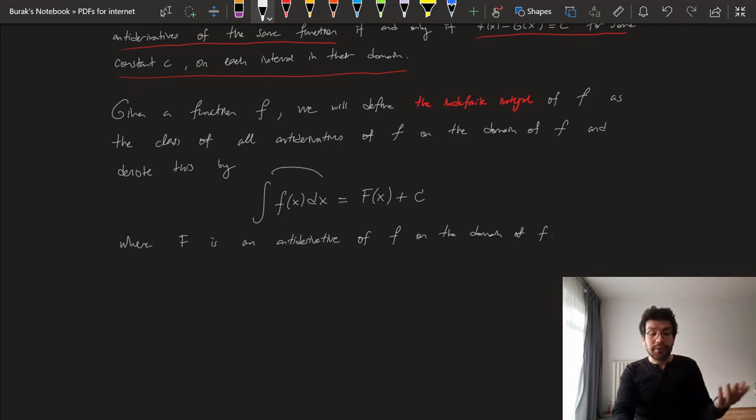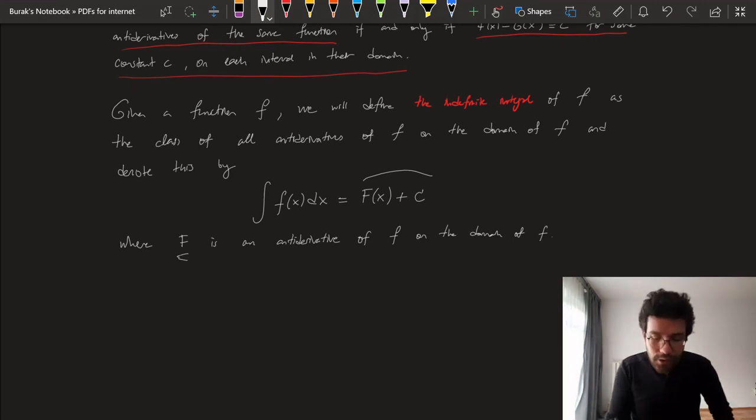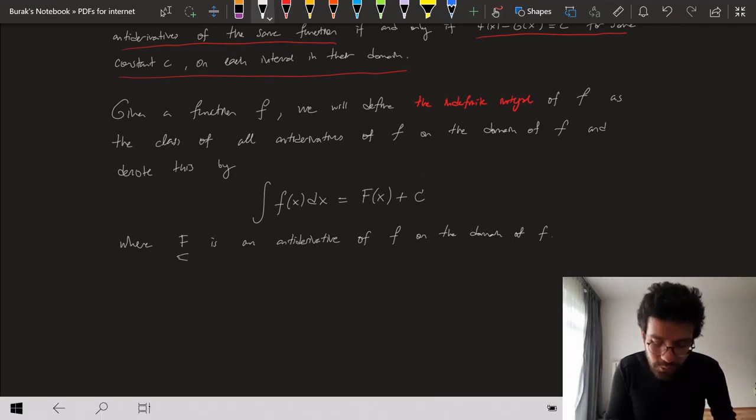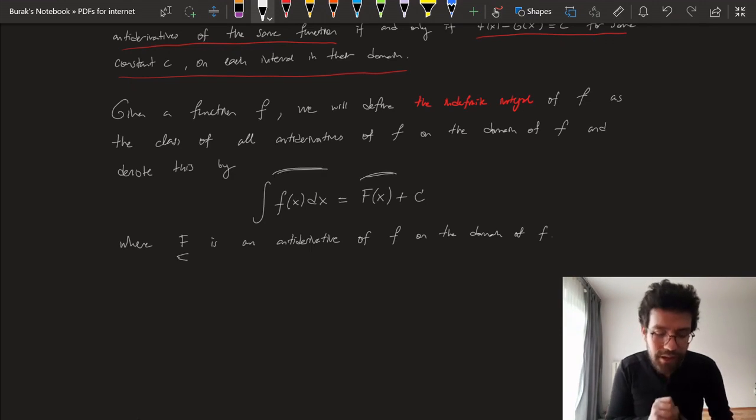So let's pick an antiderivative, big F. I know that all the other antiderivatives differ by a constant from this one, by the previous observation. So I'm just going to write this equals F of x plus c, okay? So you can think of this equality as a notation as well. When I write this equality down, that means that this is simply an antiderivative of this function.